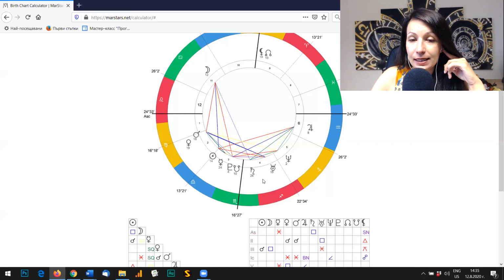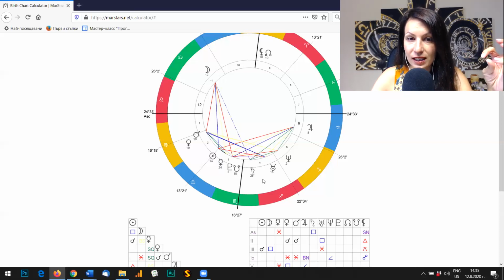Saturn is kind of weak, actually. It gets 2 points out of 6 in Scorpio. So not a harmonious position for Saturn in Scorpio. And it's also, I would say, kind of cruel. Saturn in Scorpio can be very cruel and emotionally can be very limiting and restricting and bringing lots of challenges.